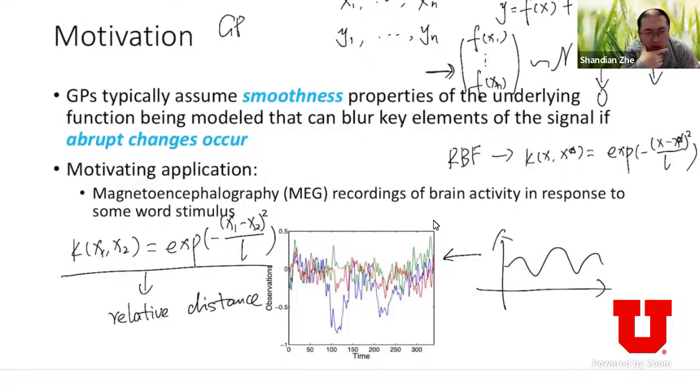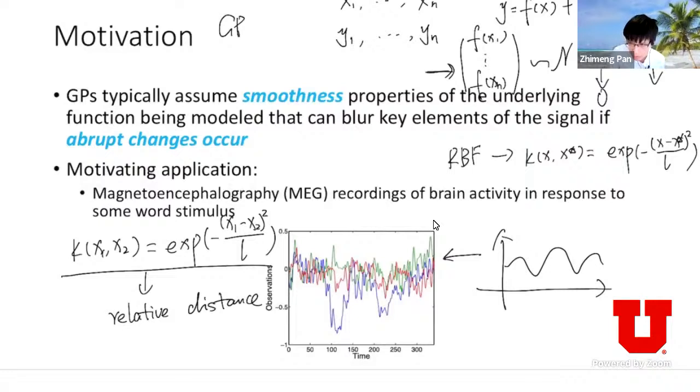But this is tested on the same subject, I mean the same person, right? The three curves, yes. They didn't mention how many people they tested, but they did mention how much data they collected. In their data set they will have several words and several groups of lines, and they are trying to use the same learned GP kernel to infer different underlying lines.